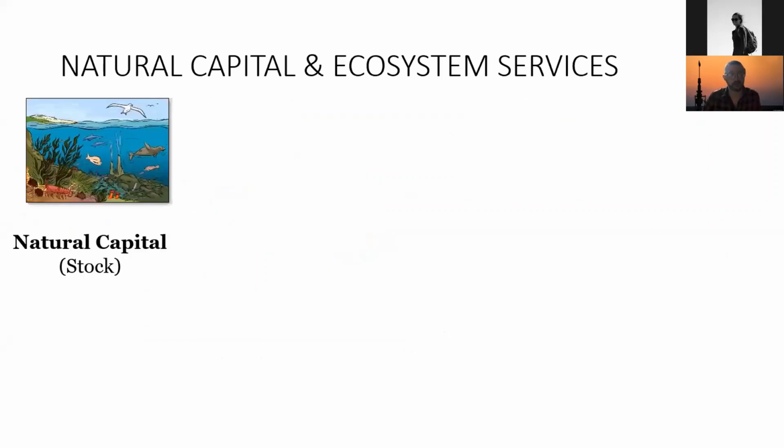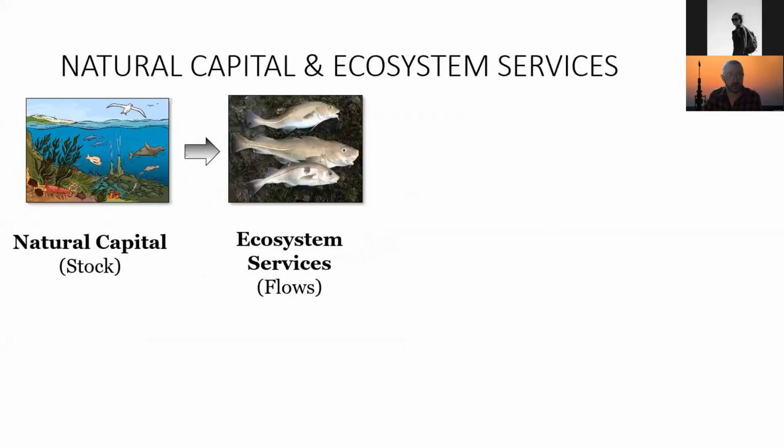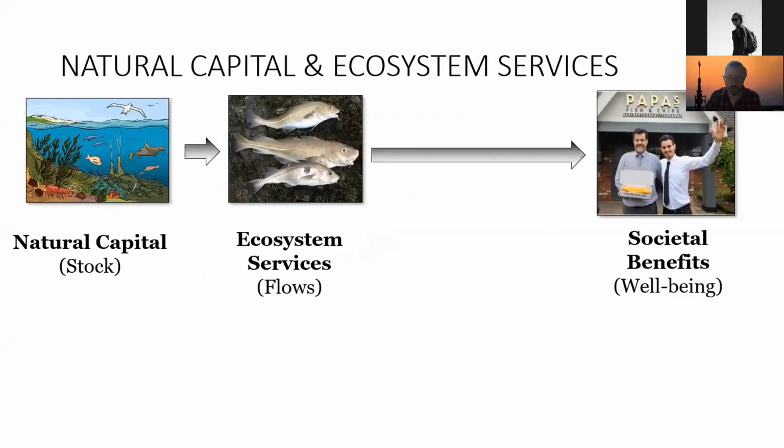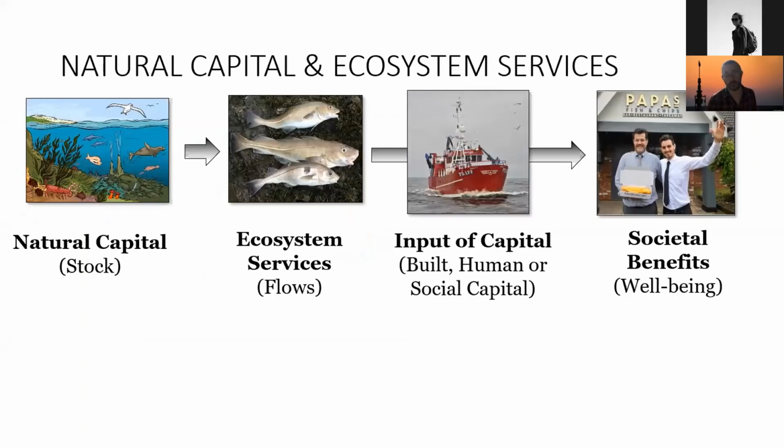And there are some simple ways to reflect this. We have a stock of natural capital. This can be the habitats, the water column, the species that are within that. That natural capital stock produces flows, and then those flows, when we include things such as capital, so if we want to get our national dish of fish and chips, then we need built, human and social capital.